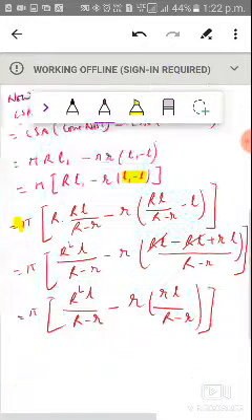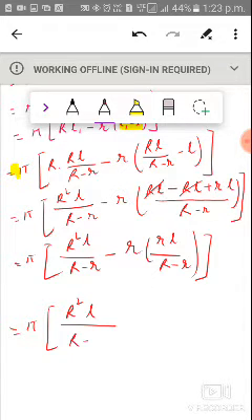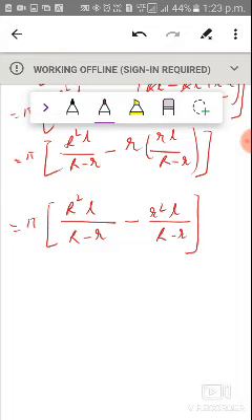Okay, so going further, pi R square L by R minus r minus, multiplying this r inside, so we will have r square L by R minus r. Again we can take LCM. So taking LCM, what is the LCM?